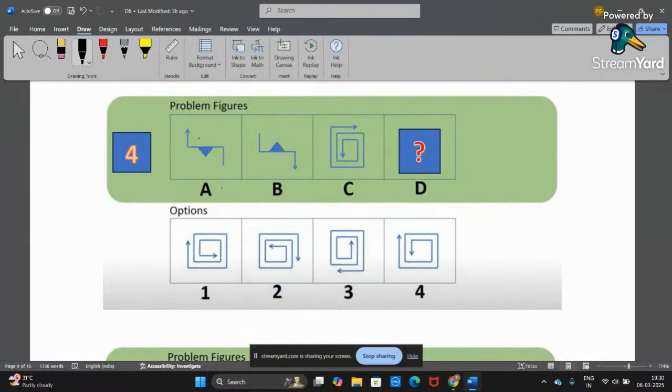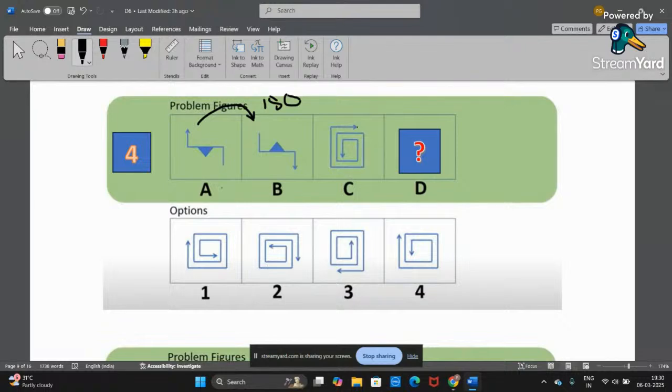Here, what has happened? This one is tilted by 180 degrees, right? In clockwise. So it looks like this. So when this one is tilted, how will it look?